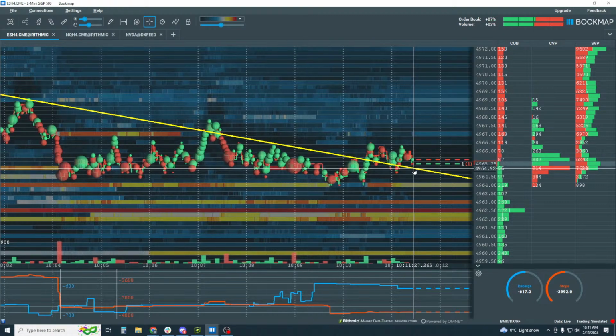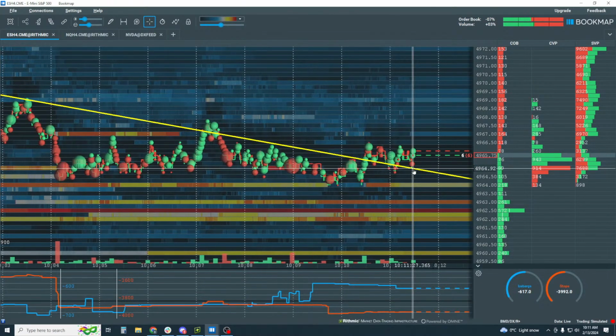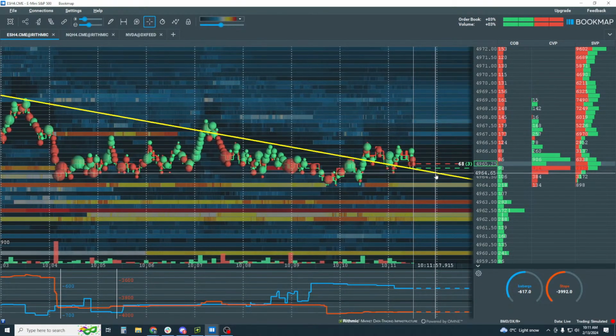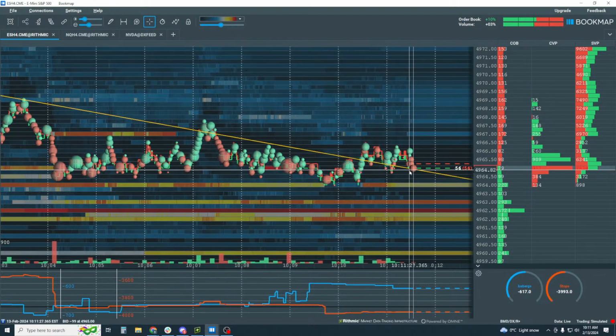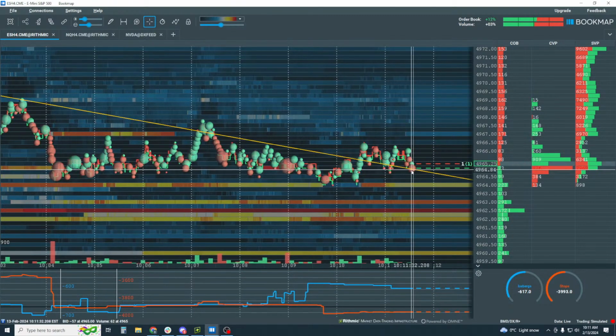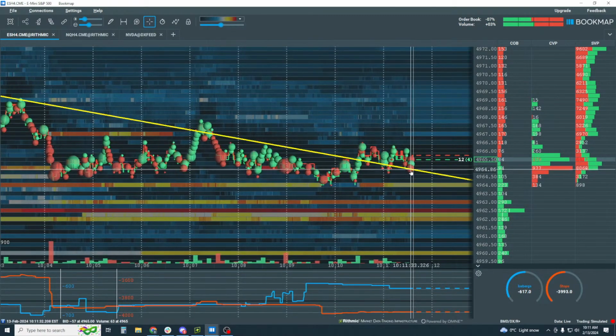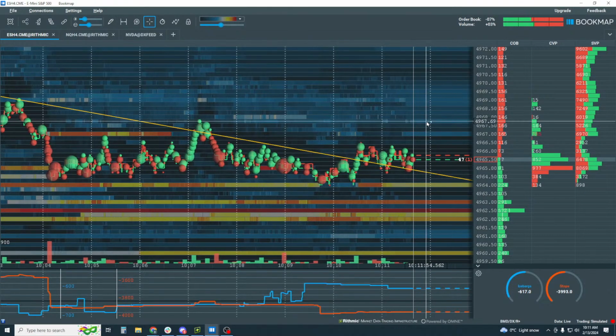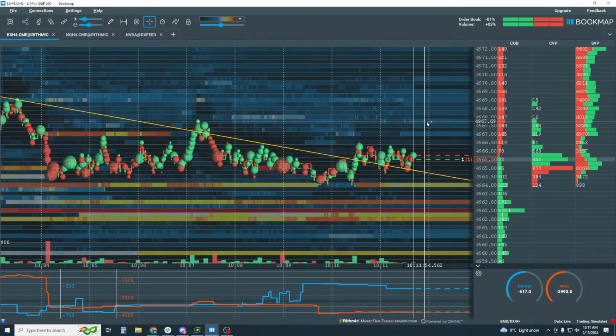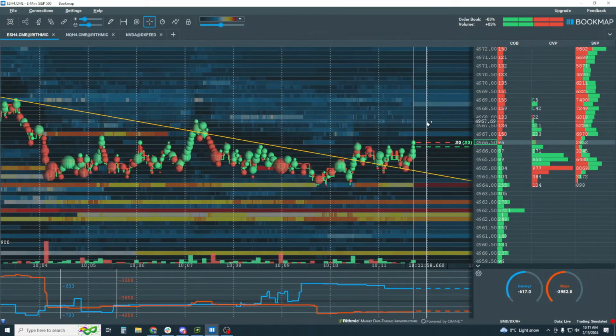One shot at it. Come on, sellers right here. Nope, not yet. All right, sellers, there you go. Now let's see the move here. Let's see if we can get this selling power in here. No.